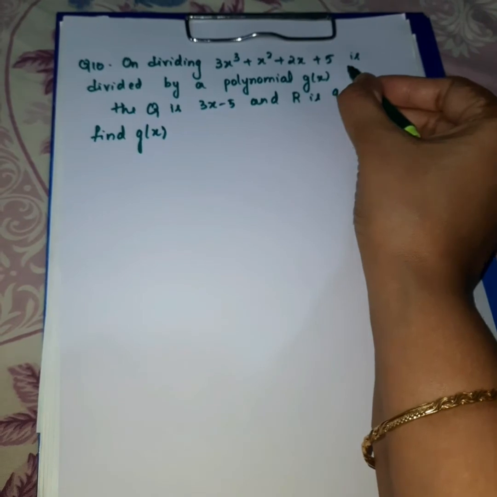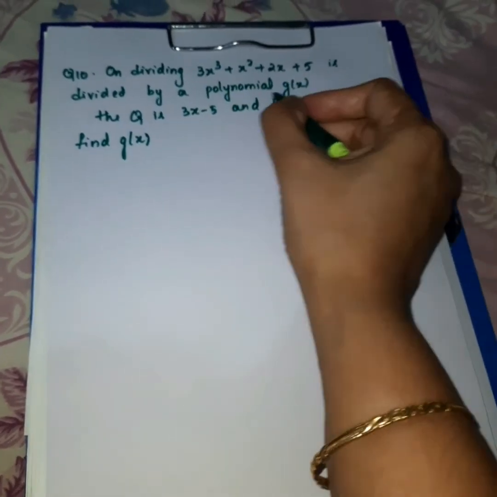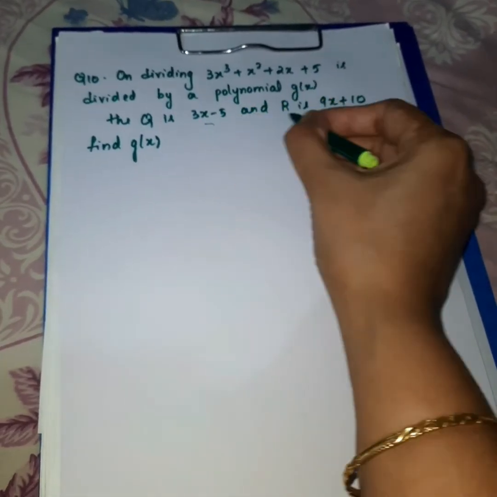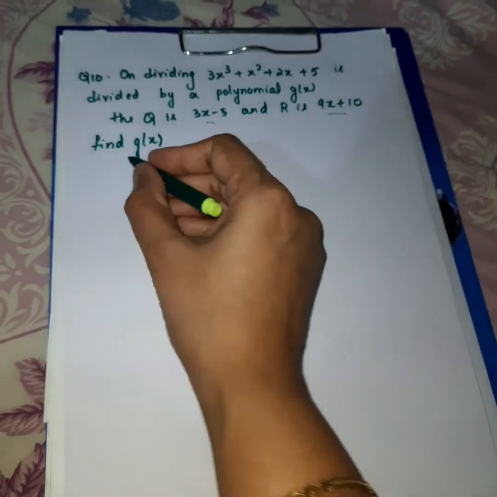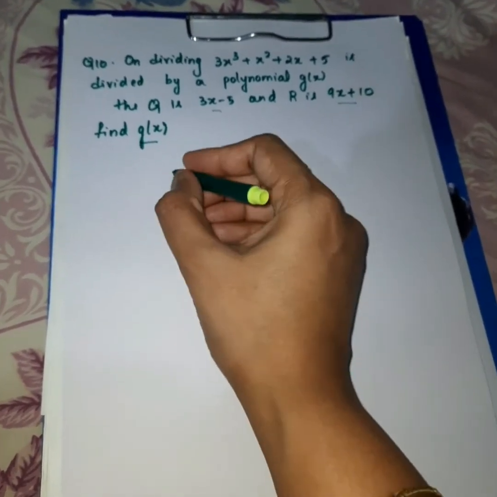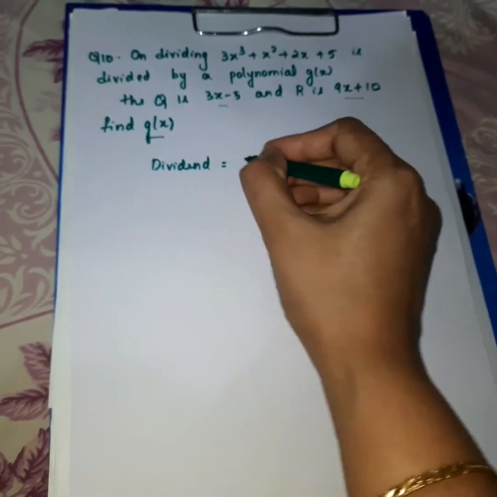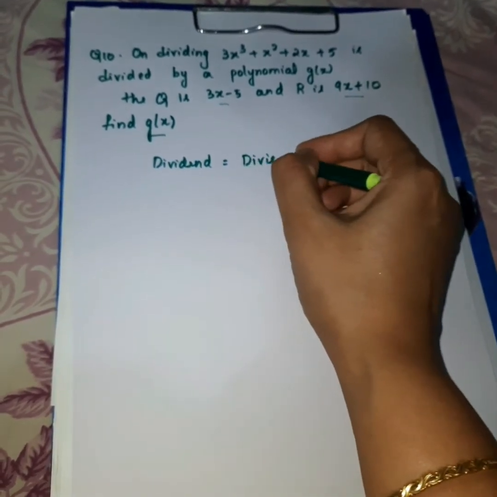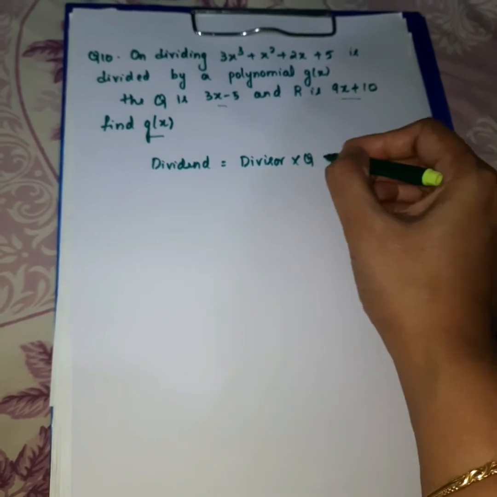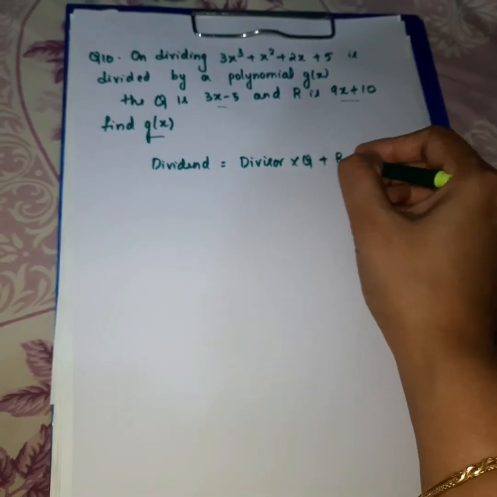Question 10. On dividing the polynomial by g of x, the quotient is given and the remainder is given. Find g of x. So the divisor is missing here, and we know as per Euclid's lemma, dividend equals divisor into quotient plus remainder.